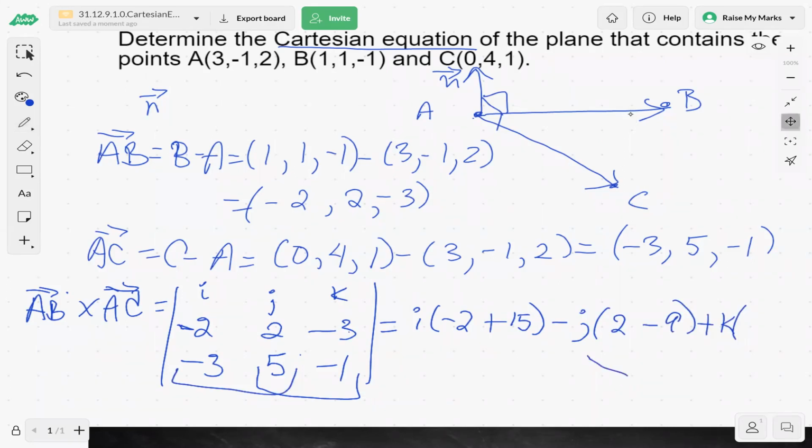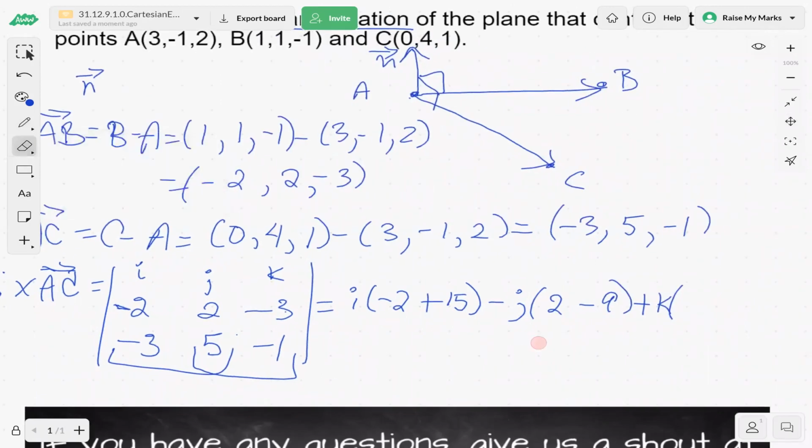Just move things over a little bit. Sorry, -2 times 5 is -10, minus -3 times 2, which is -6 times... so -10 minus -6. All right, so the coefficient of i is 13. The coefficient of j is actually -7, so plus 7.